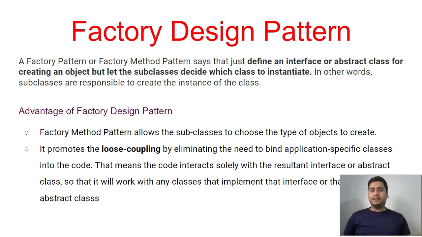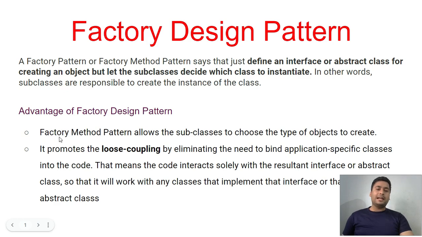So basically, inside the factory design pattern, the decision is given to the subclasses, and based on that we decide and create an object inside the factory. The advantage of the factory method pattern is that it allows the subclasses to choose the type to create.